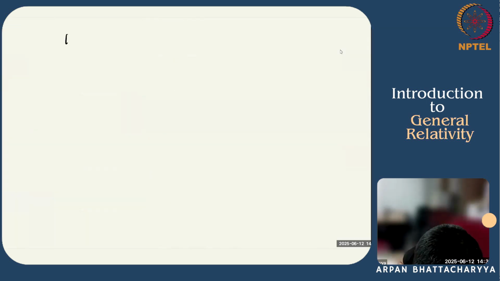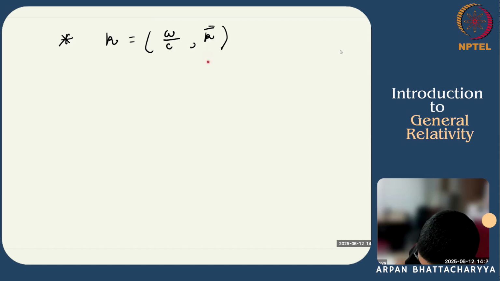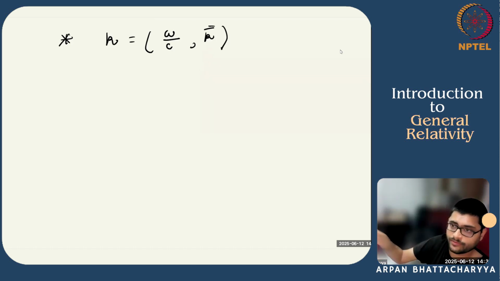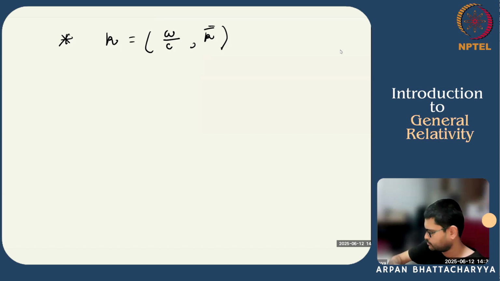For example, you can write your wave vector as omega by c, and the three spatial parts associated with the spatial coordinates, where omega is the angular frequency.